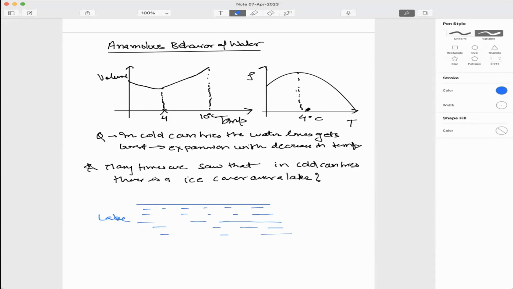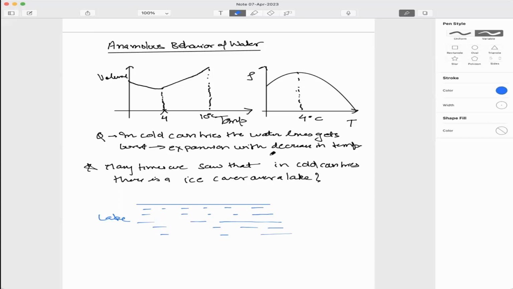As the temperature decreases from here till 4 degrees centigrade, the density gets increased. So the heavier water goes down and lighter water comes up, and so there is a temperature change. And at a time the temperature will become 4 degrees for all.